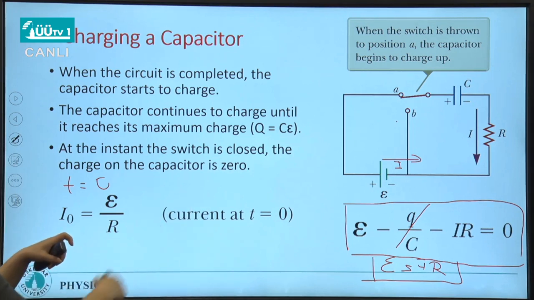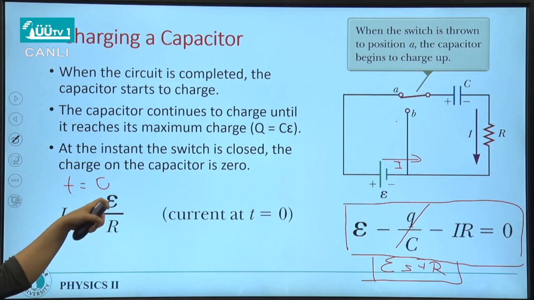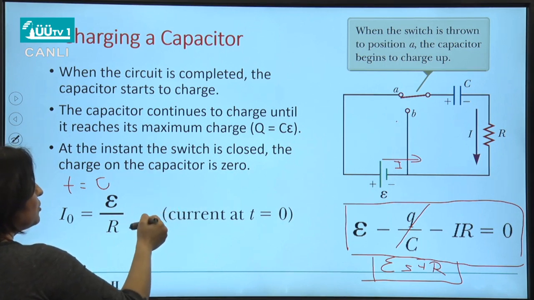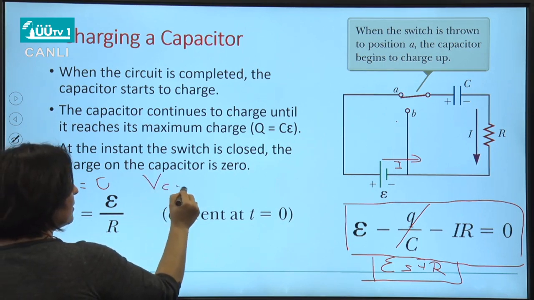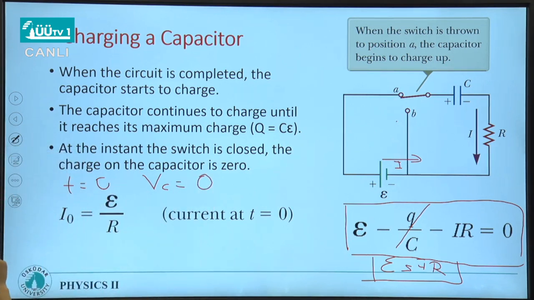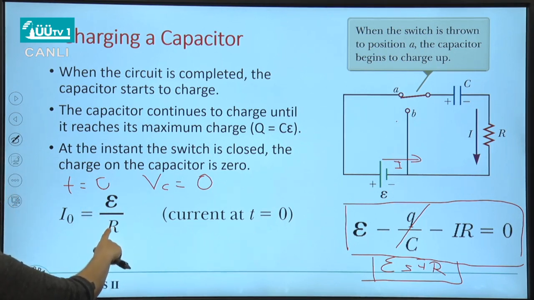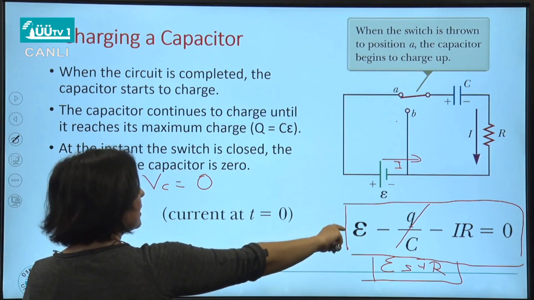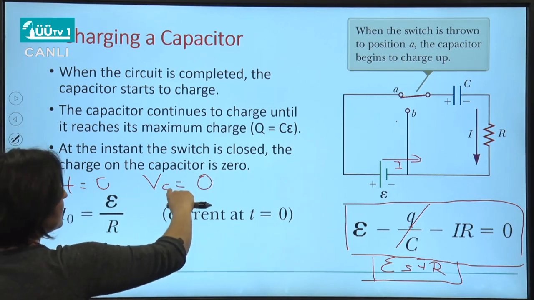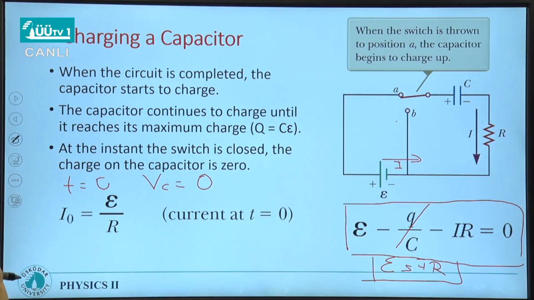If you take R to the other side, I naught at time 0 will be epsilon over R. And at time 0, the potential difference across the capacitor is also 0. So for the initial time 0, we have the maximum current, which is epsilon over R, and the potential difference across the capacitor is 0. It is the minimum potential for the capacitor.